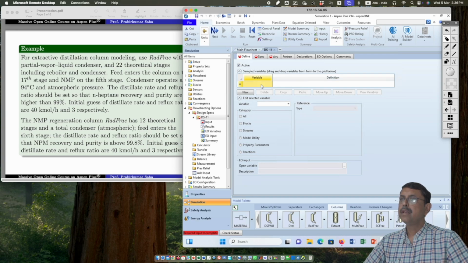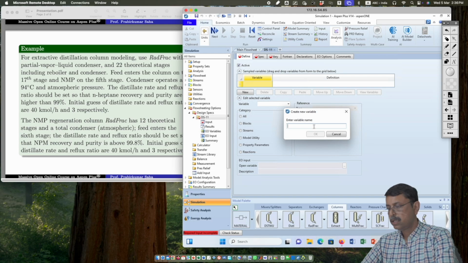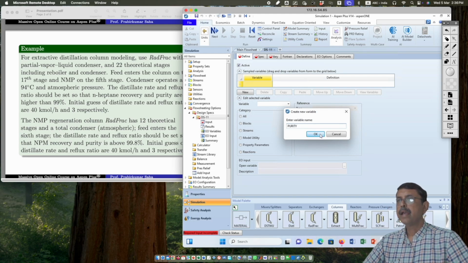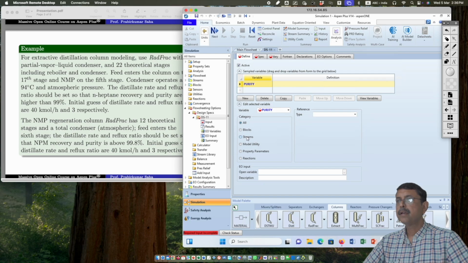We will define the purity, and the purity is a stream variable, which is the mole fraction of N-heptane in distillate 1.